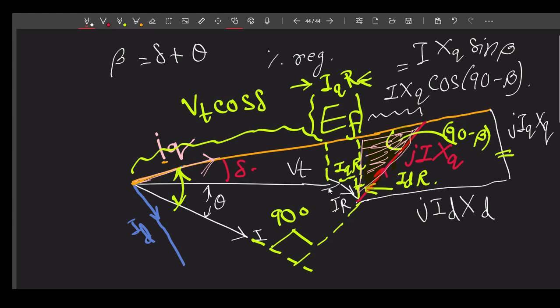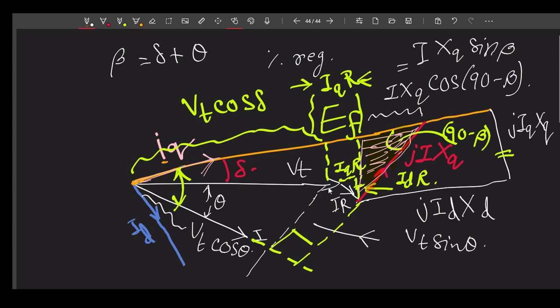In another way, a projection on this I line can be drawn. So this much will be Vt cos theta. This side will be Vt sin theta.